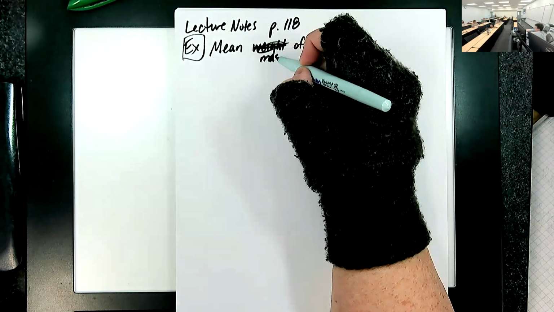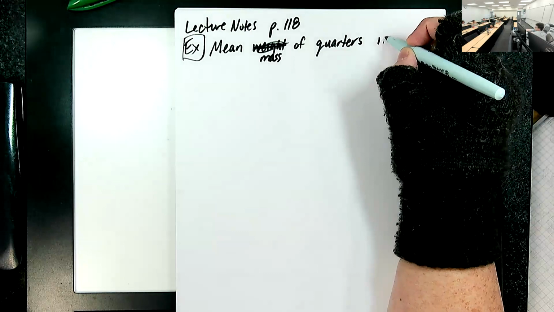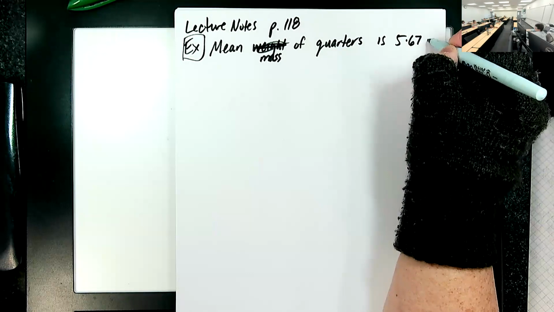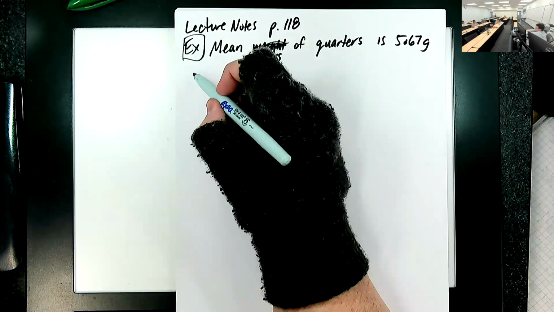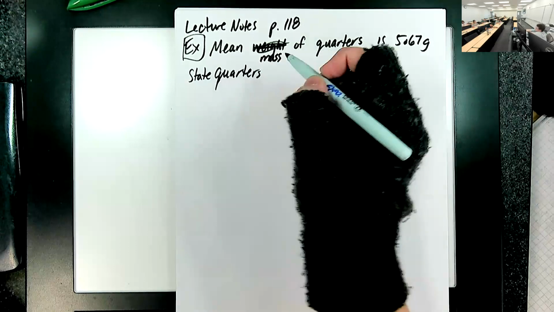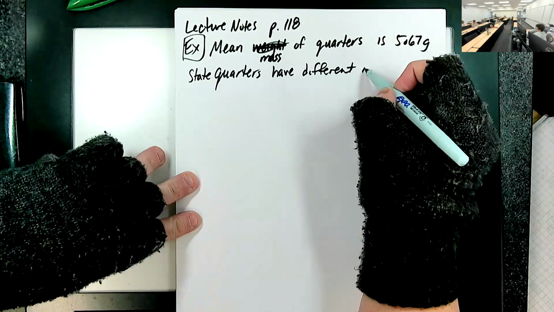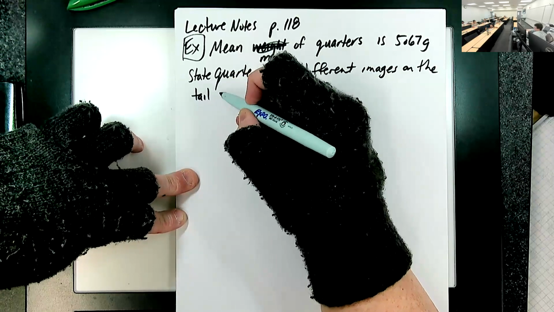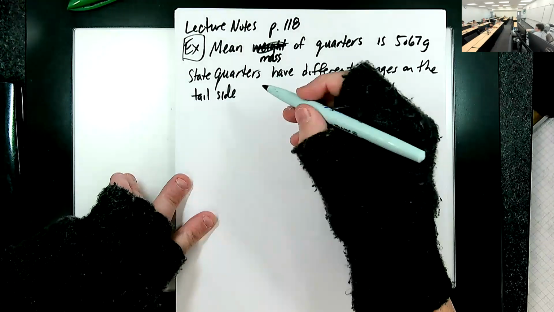That's the mean mass. State quarters have different images on the tail. And so researchers want to know if the mean mass is different.